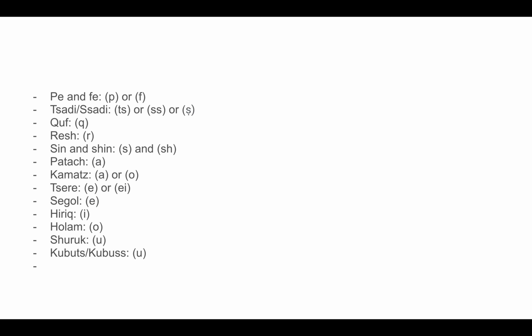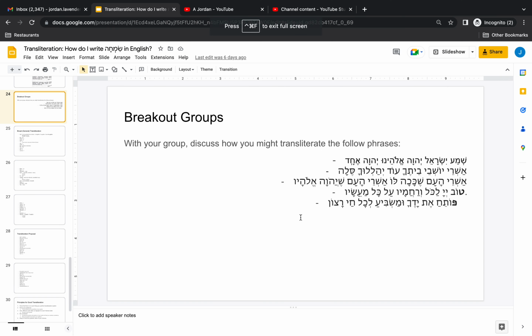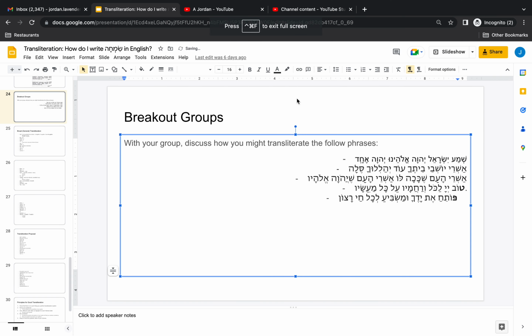So when I would transliterate something, let me see if I can go back here a little bit. So let's look at these things here. I'm going to exit out for a second so I can write this. I'm going to just type into it how I would transliterate this. So the Shema would be like this: Shema Yisrael. I'm going to put Hashem because I'm writing. Elokenu.